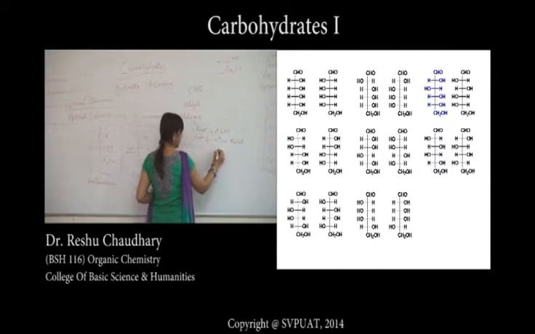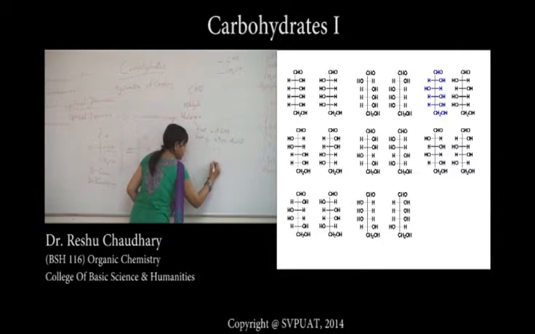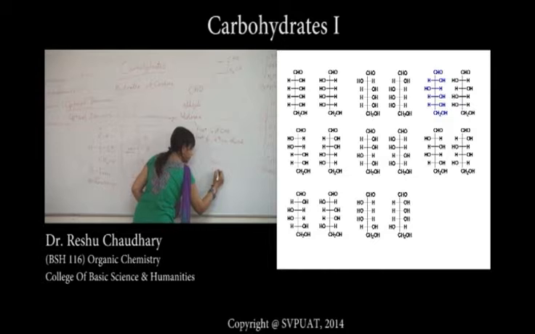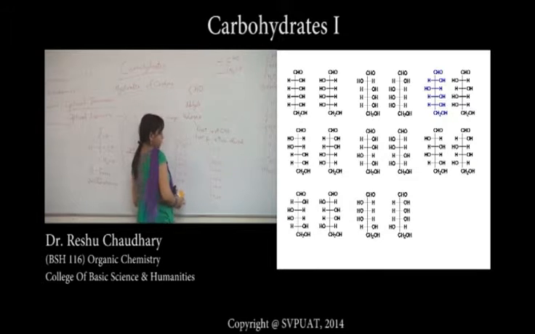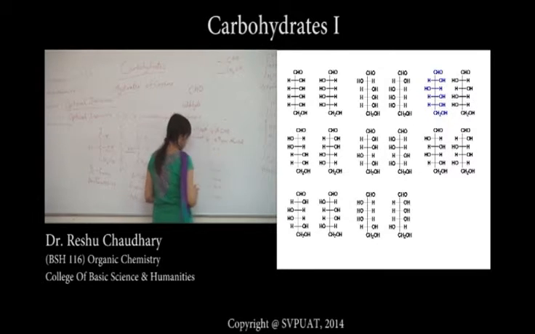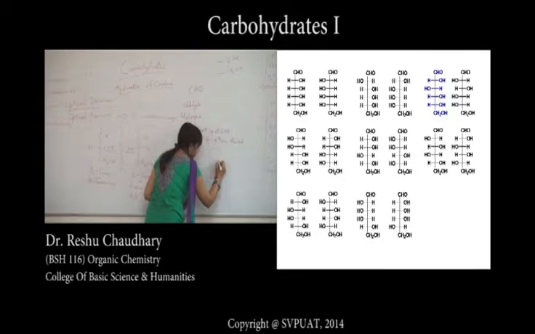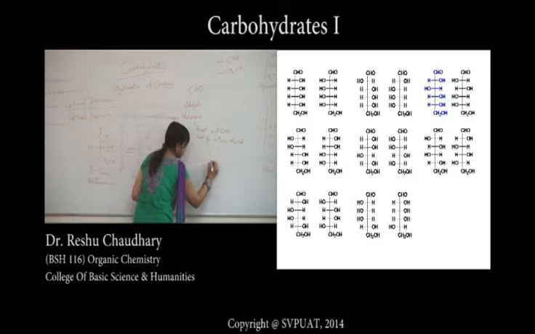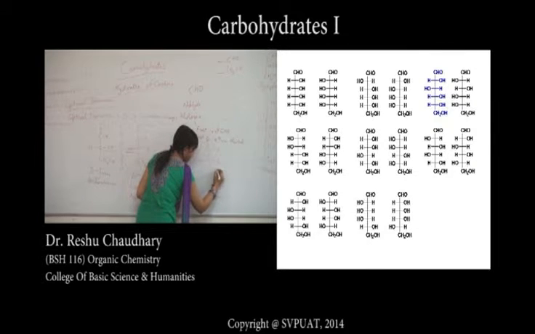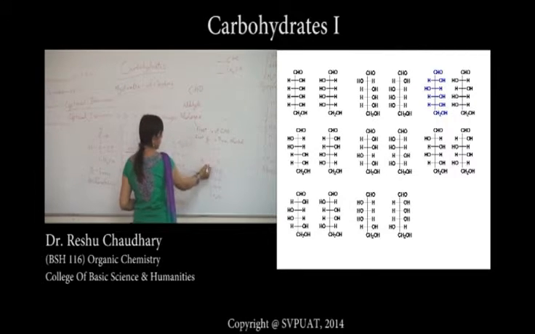And the structure of glucose is CHO, CHOH, and the last one is CH2OH. In mannose and glucose, there is only a difference of functional groups of the second carbon.